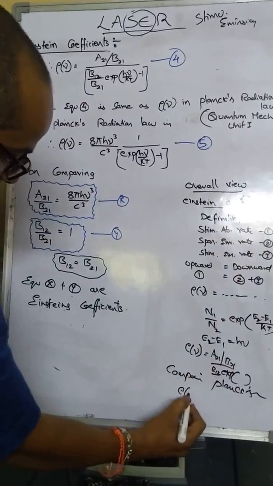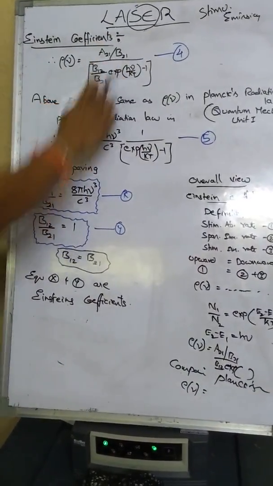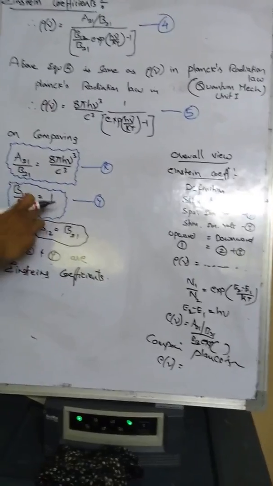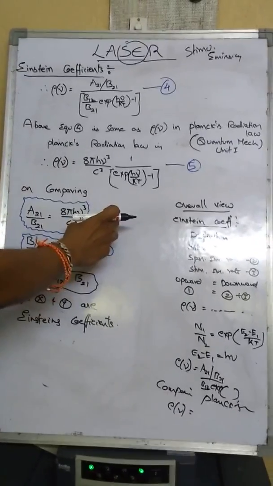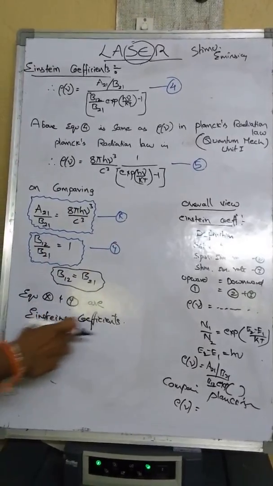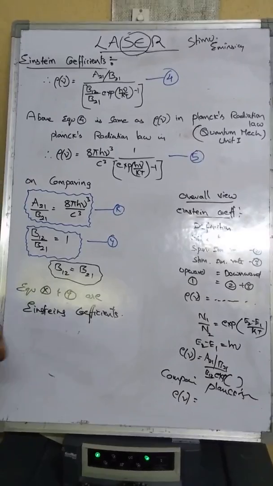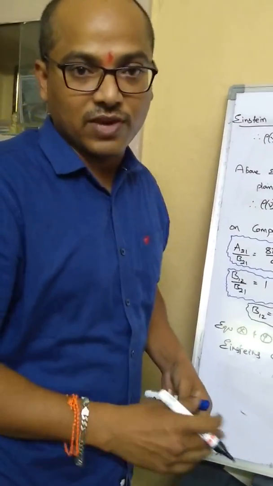After the comparison, we got A21 by B21 as 8 pi h nu cube by c cube, and B12 by B21 as 1, and from these we made equality relations where equations x and y are the Einstein coefficients. So this is an important derivation. Then in the next session we'll be discussing the characteristics of laser.